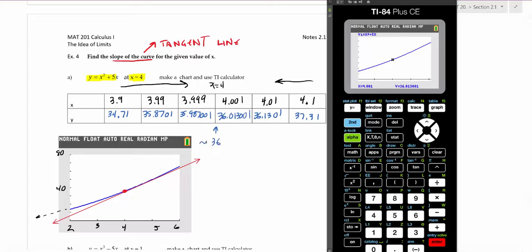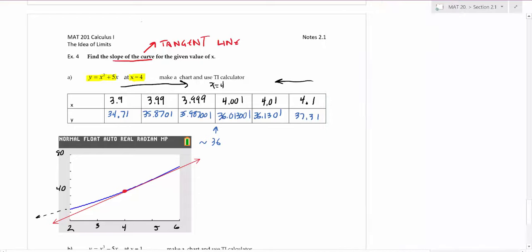Now we're going to figure out the instantaneous velocity. That's going to be the change in y over the change in x.